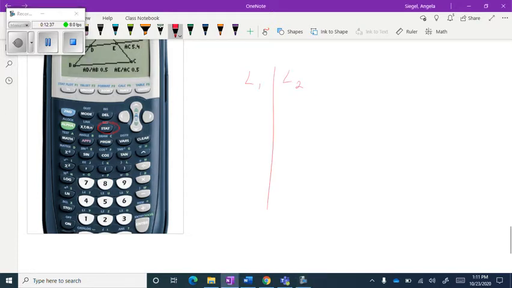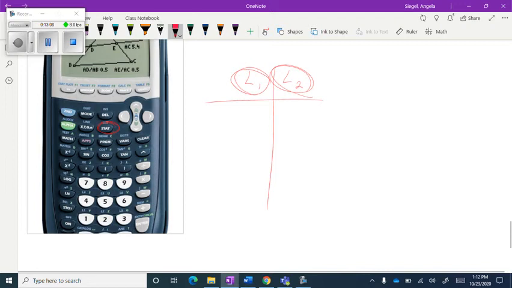Once you have that, you're going to see this L1 and L2. You might have some numbers here, so go down and clear it. The same thing for L2: highlight L2, press clear, and push down, and that will clear out everything.